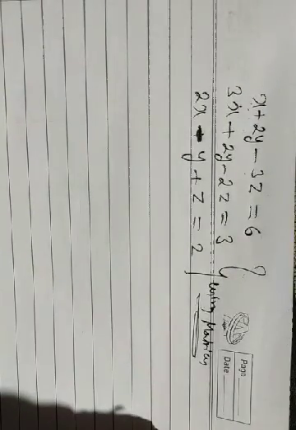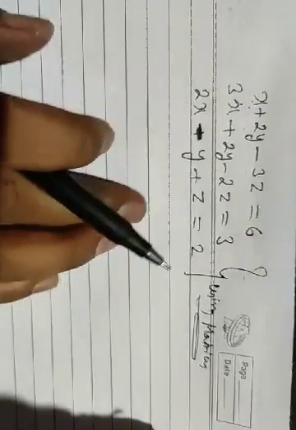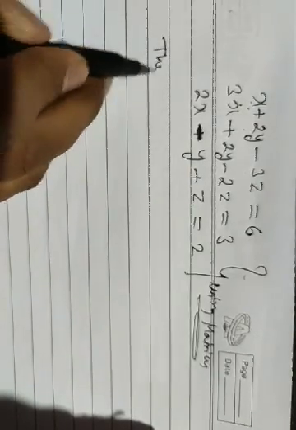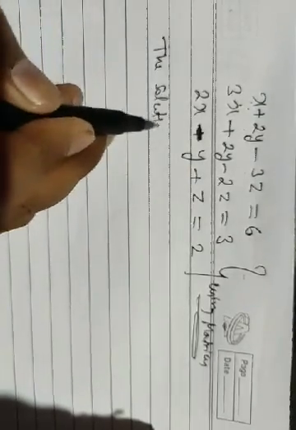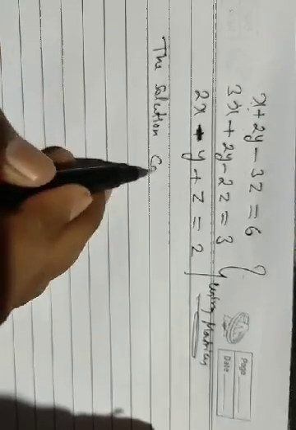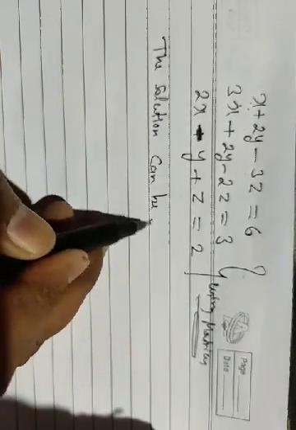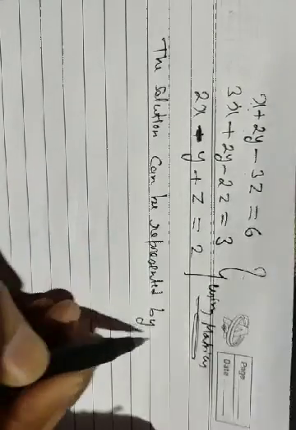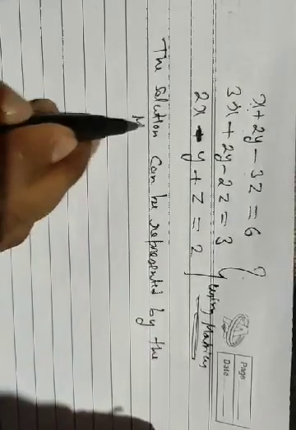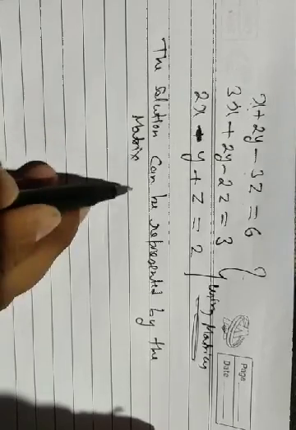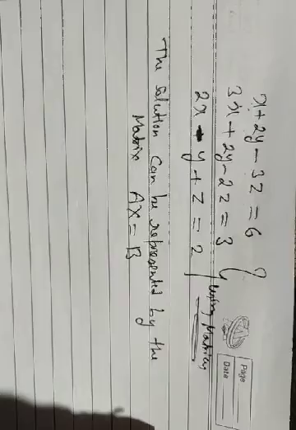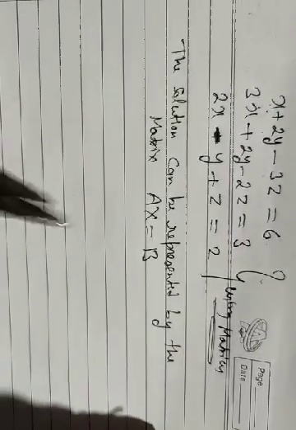Then how can we solve the given system by using matrices? In the solution, the system can be represented by the matrix equation Ax equal to B. Now we are going to explain what Ax equal to B is. How do we get A?